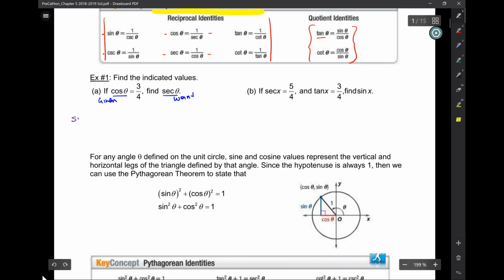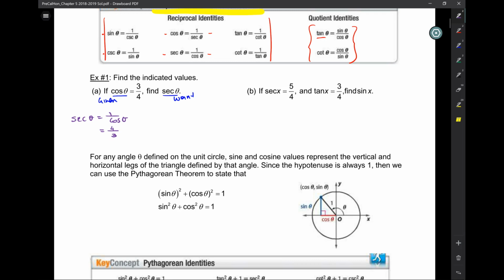Secant of theta is 1 over cosine of theta, which means it's 4 over 3. Now, this is the most basic type you could get, right? But I'm illustrating a point where I had to search for an identity, and I found it, and I used it, and I got my answer. And for this one, it's as simple as that, okay?